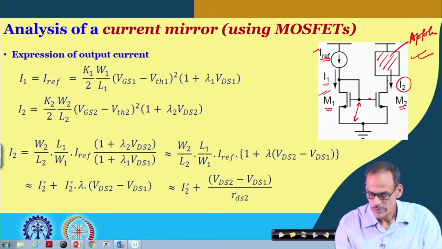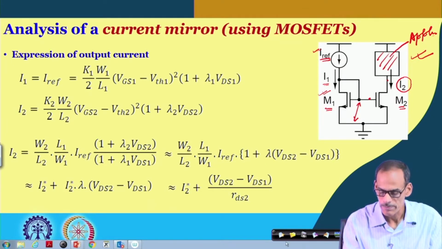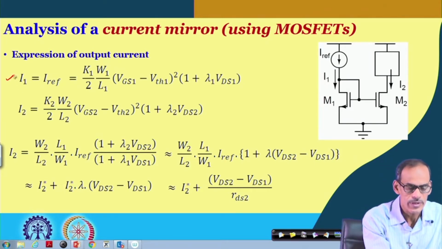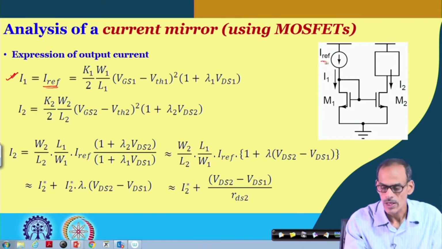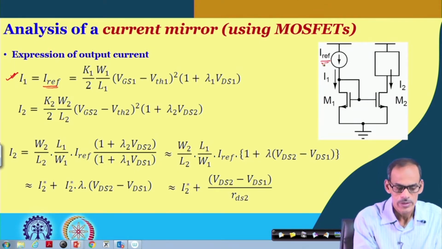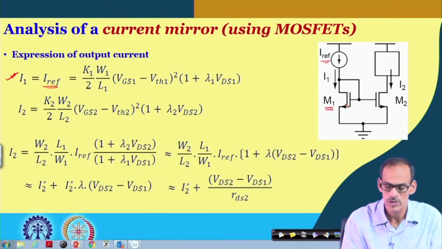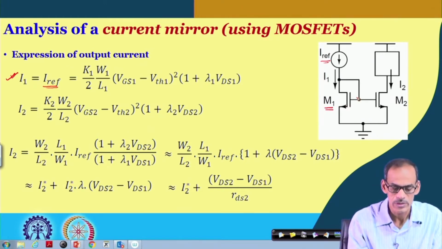To start with, we have the expression of the current I 1, which is also equal to I ref, assuming the transistor is in saturation. In fact, this transistor is in saturation because its drain and gate are connected together.